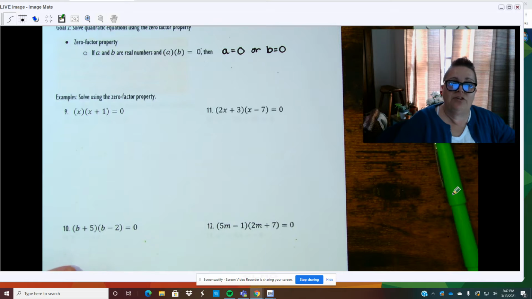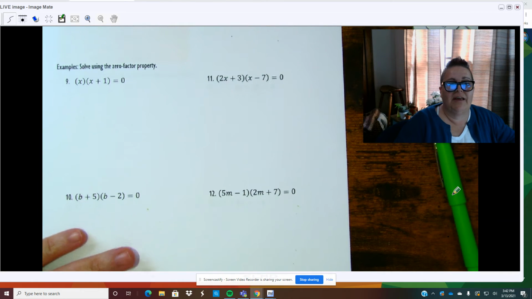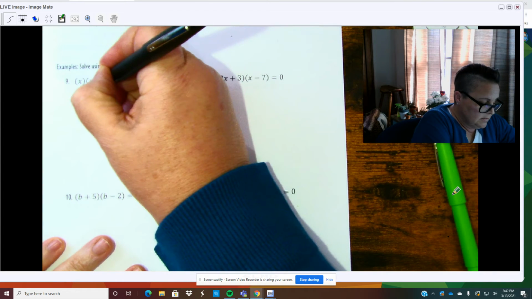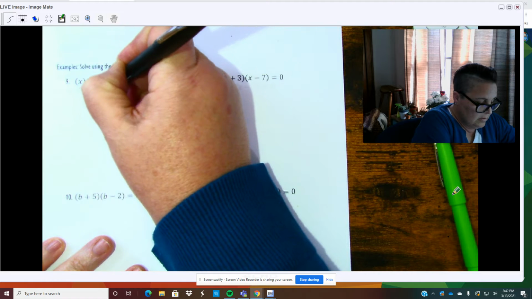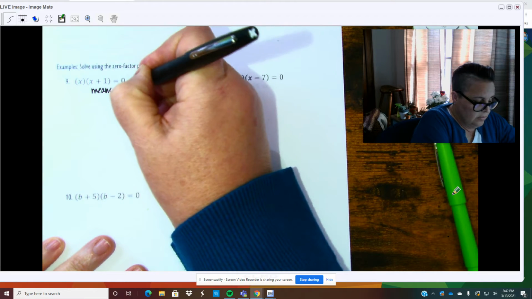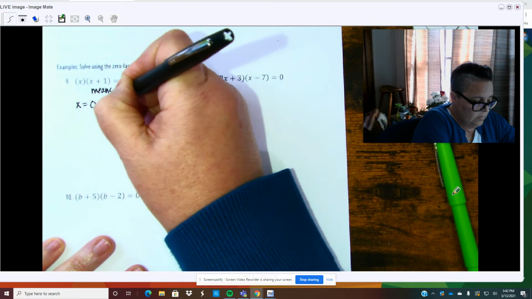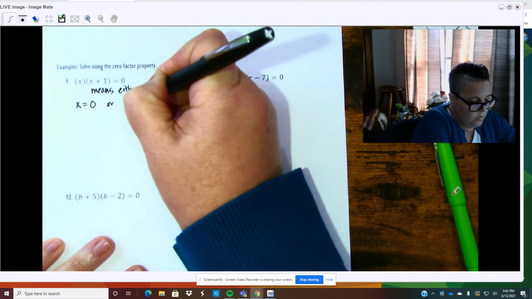So if I have two factors, x and x plus 1, and when I multiply them together, I get 0, this means that either x has to be 0 or x plus 1 has to be 0.